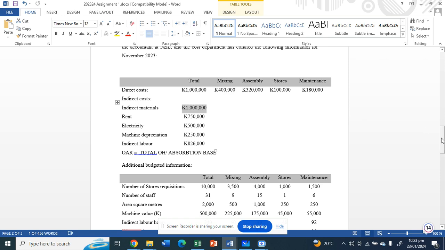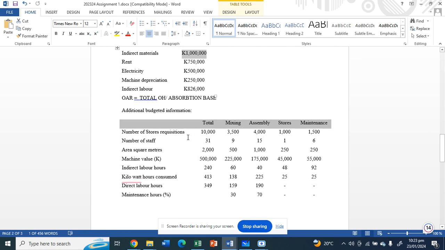So we're going to come to this budgeted information to see what we can use to apportion the indirect materials. We see which one is the most logical item we can use. The number of store requisitions is the correct one to apportion the indirect materials. From our store requisitions, this is when you're requesting materials at the factory.